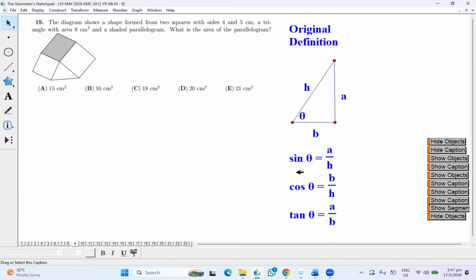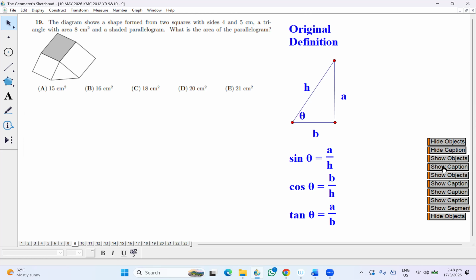So they have a table. If they know A, then they can find H, because they know theta already. They tabulate the values in advance. So they make one measurement and can find another. That is the original definition which uses a right angle triangle.